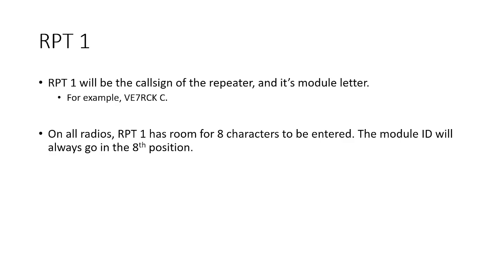On all radios, RPT1 has room for 8 characters to be entered, and it's very important that the module ID always goes in the 8th position. So if you're trying to connect to repeaters such as VE7AA, where it's only a 5-letter call sign, you still have to add the spaces so that the module ID goes in the 8th position.